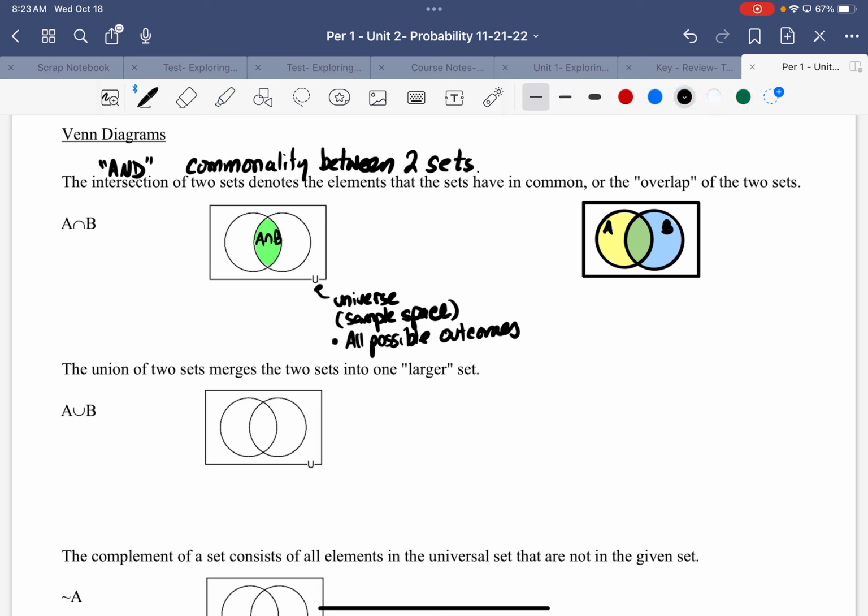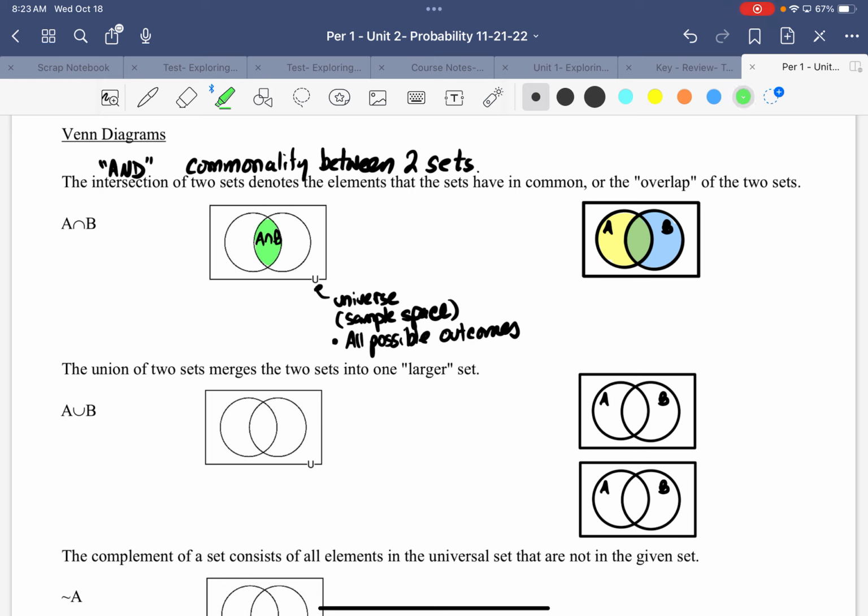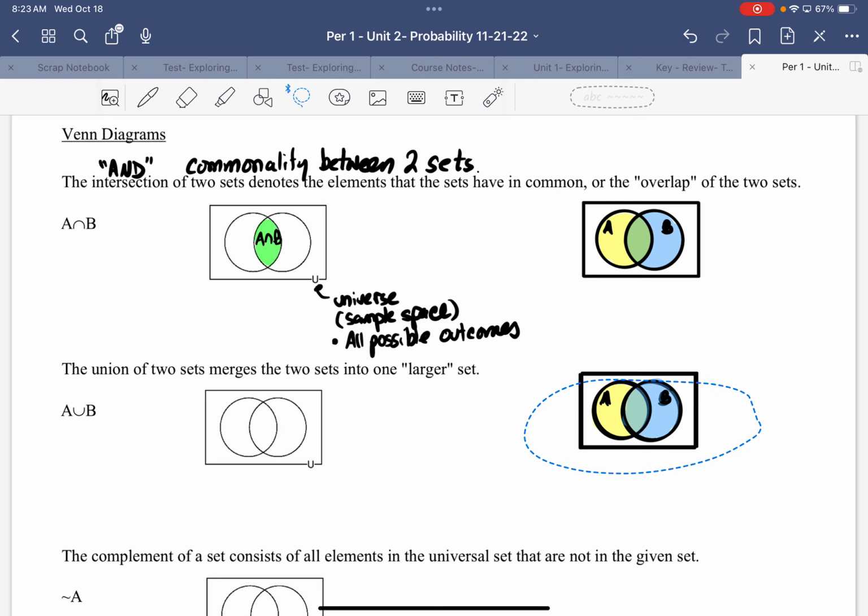Now, I could actually work off of the same diagram here for the second concept, but I'm going to just do it from scratch anyway. So I have two sets, A and B, two Venn diagrams, each with its own designated set. Again, I'm calling A the yellow, B the blue, and again, if I merge the two sets, I'm going to get the same diagram.